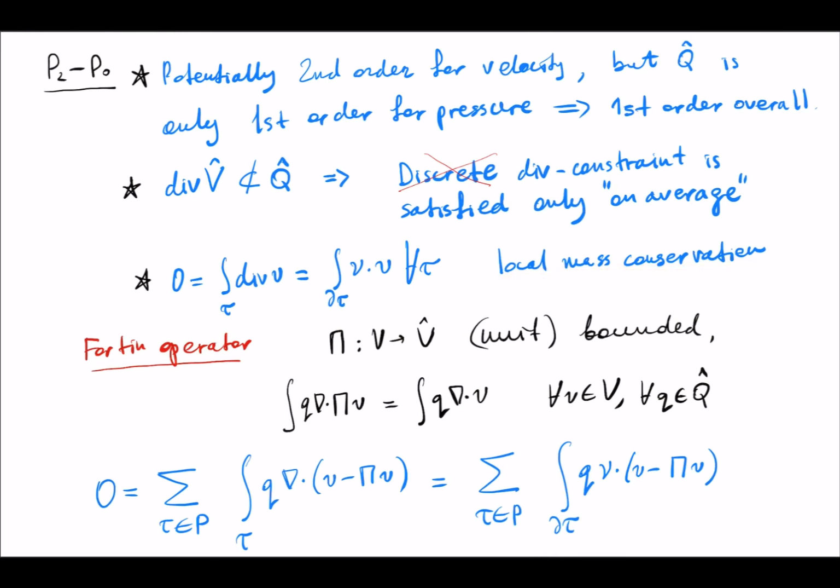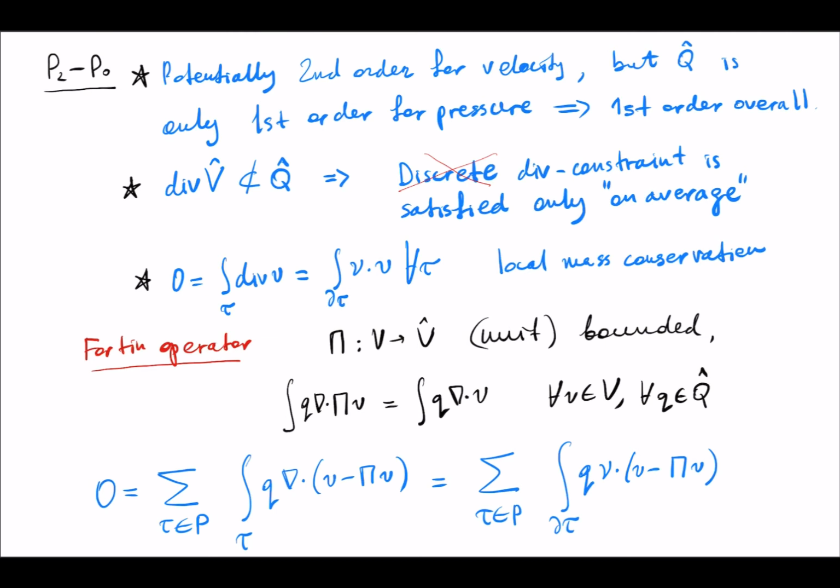Basically it says that what goes in must go out. Even though the divergence constraint is not satisfied pointwise or exactly, only on average, we actually have local mass conservation. This is always true whenever the pressure space contains piecewise constants.